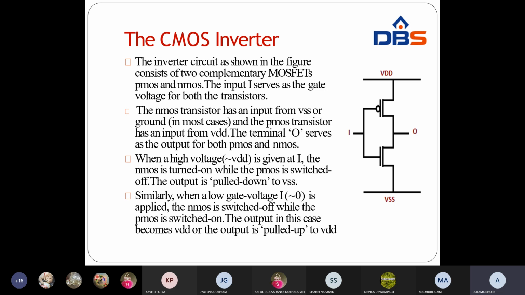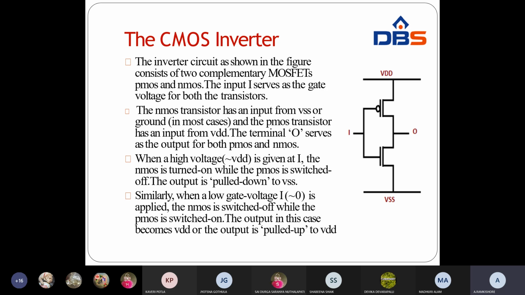Whenever it creates the channel, it induces some VDS voltage between source and drain. Due to that, the current will flow from drain to source terminals. So it will act like an on switch.